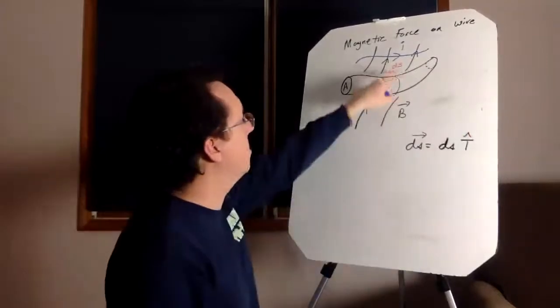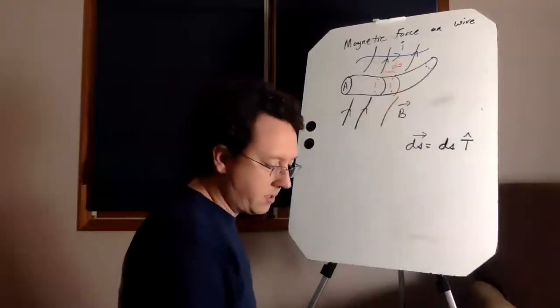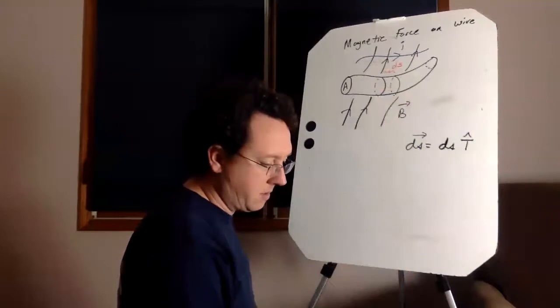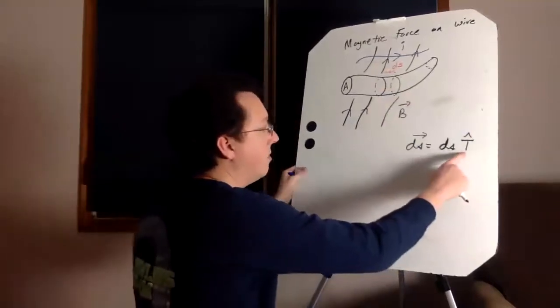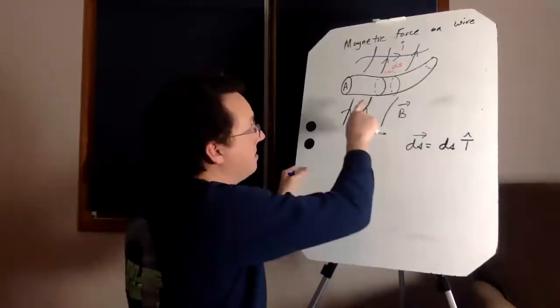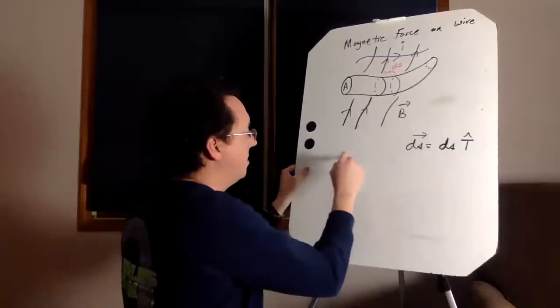I'm being sloppy, going back and forth between cursive and Latin, or print characters. It doesn't really matter. In fact, because this vector is along the wire, the same as the velocity is along the wire, we can say something kind of nice.